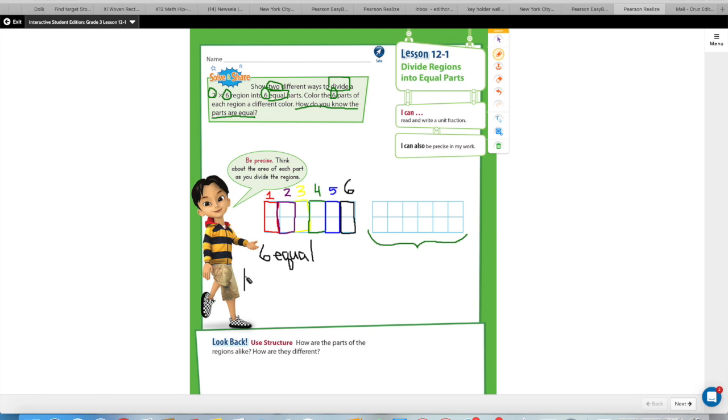So that it's fair and that all the parts are equal. So it's 6 equal parts for each group.